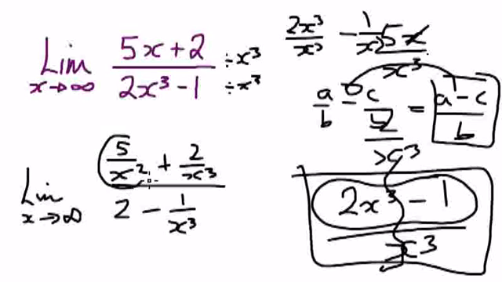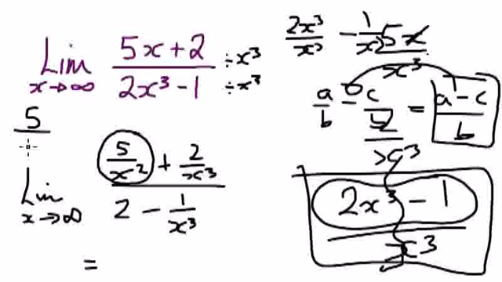You see, when you have a fraction like this here, you can actually say, as x approaches infinity, this number here is going to be massive. It's going to be really big. So 5 divided by something that's really, really big is just going to give you 0.